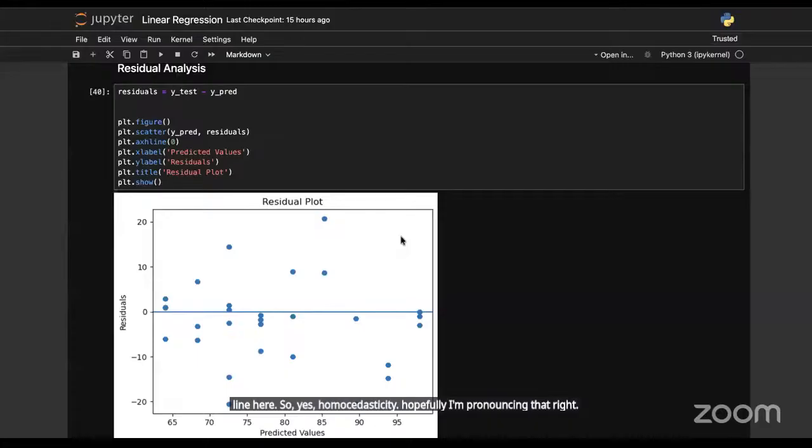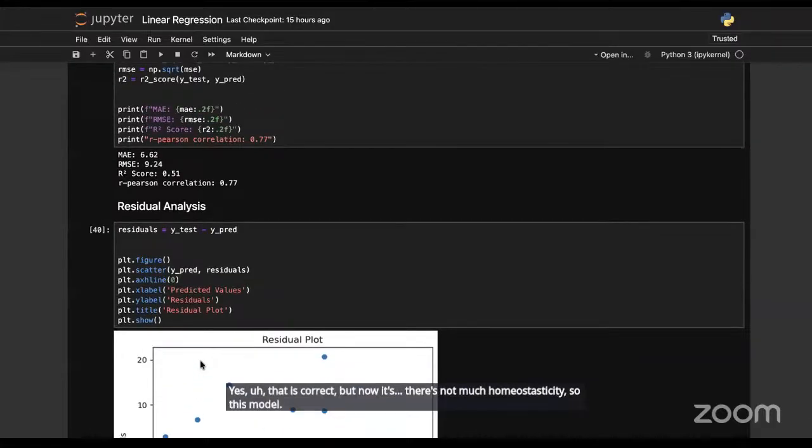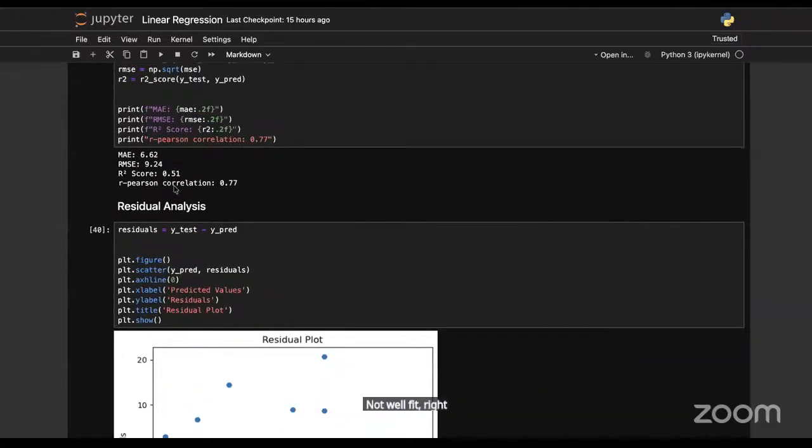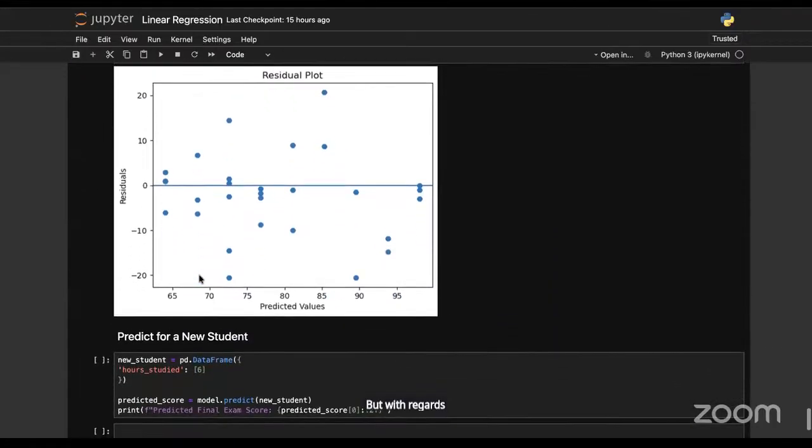There's not much homoscedasticity, so this model is not well fit. Our R squared score is 0.51. The only thing we can confidently say is that those two have a linear relationship, but with regards to our linear regression model, I wouldn't necessarily say this is a good one.